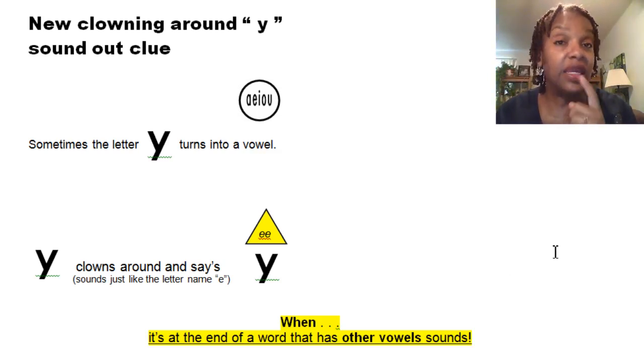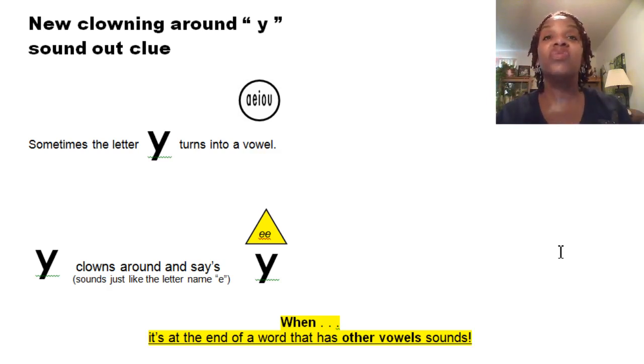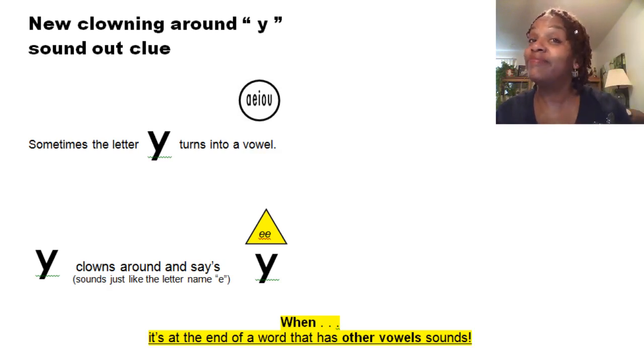When it's at the end of a word and there are other vowels in the word, right? So when the letter Y is at the end of a word and some of his first cousins are in the word, it always clowns around and says E. All right. But again, there has to be other vowels in the word. Otherwise, it says I if there's no other vowels.